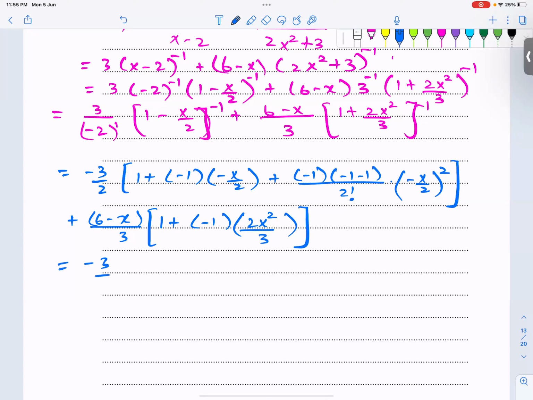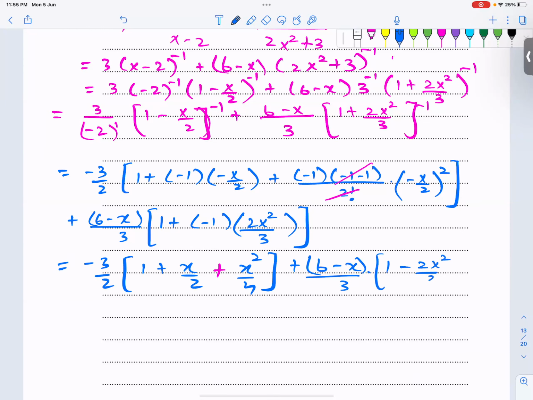So moving forward, we will have 1 plus x over 2. This will give us the next term, as we can cancel this 2 with this, and the sign will also be positive, and this will be x square over 4 plus 6 minus x over 3 into 1 minus 2x square over 3.